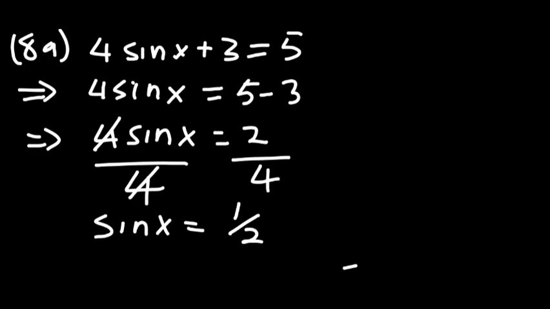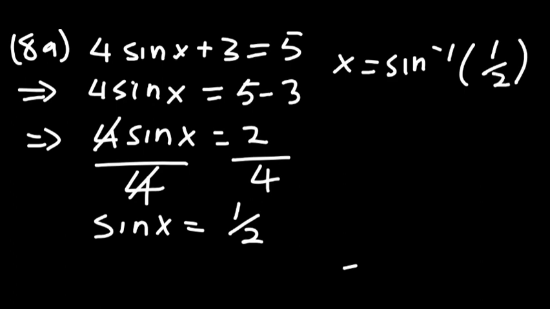All right, so now we're trying to find an angle, which is x. So we're going to say x is equal to sine inverse of half. So what is sine inverse of half? Or at which angle is sine equal to half? We know that it is at 30 degrees. So in the first quadrant, x is 30 degrees.